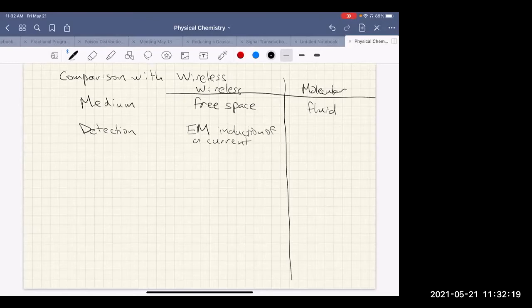In a molecular communication environment, we are looking for either detection or count of molecules, which stems from a chemical reaction. Actually, let me do that a little better.